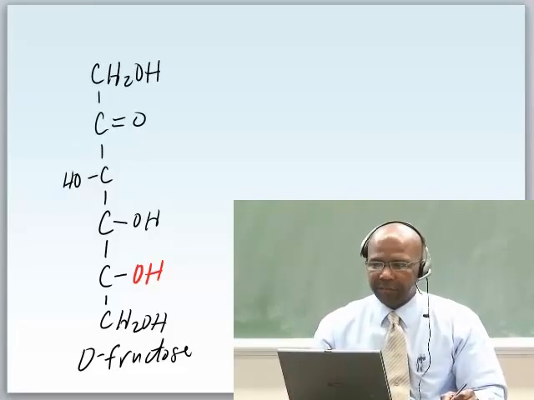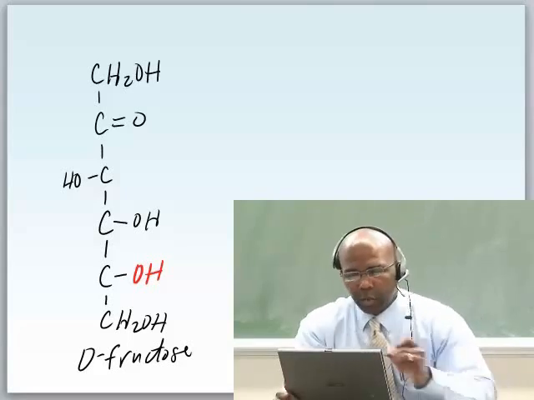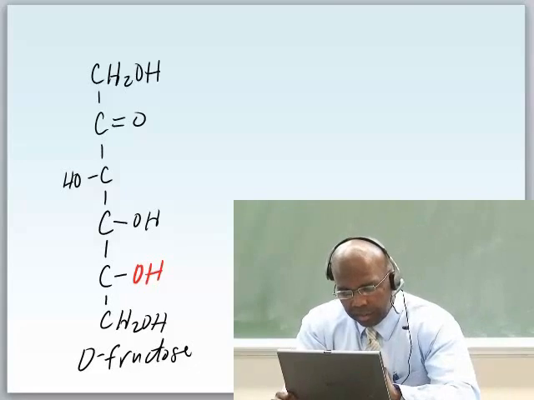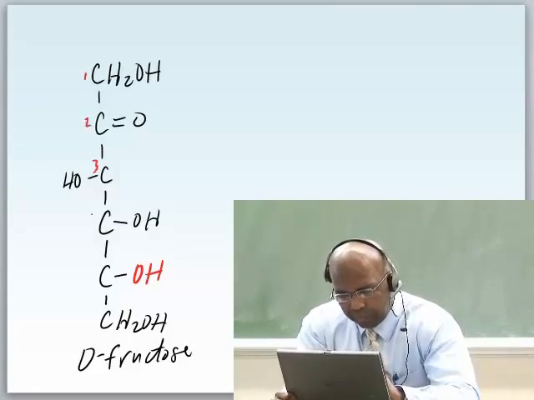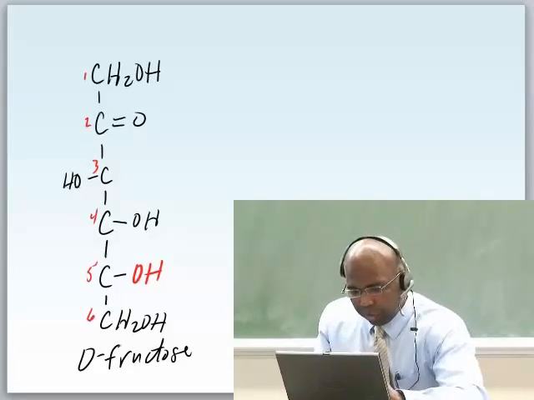And so this is D-fructose. How many chiral centers does D-fructose have? 3. Exactly. And so we're going to number these carbons: 1, 2, 3, 4, 5, and 6. And now we're going to close this ring.